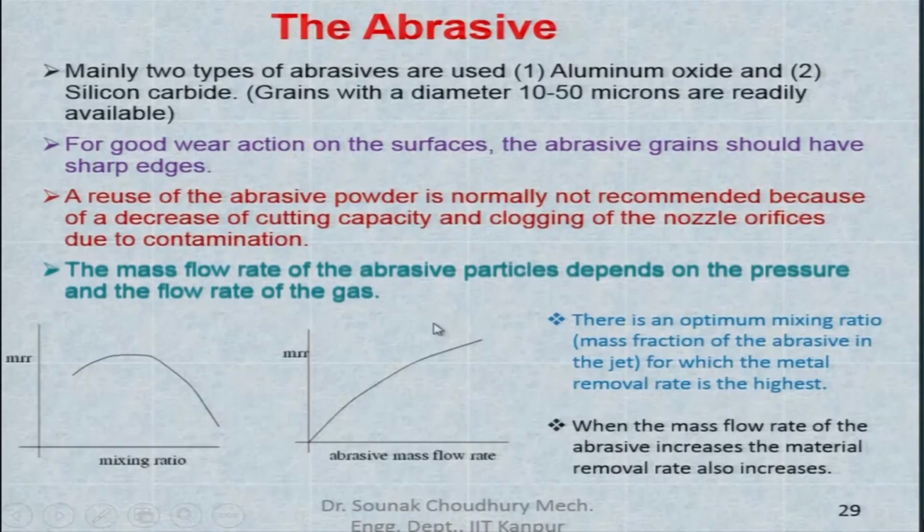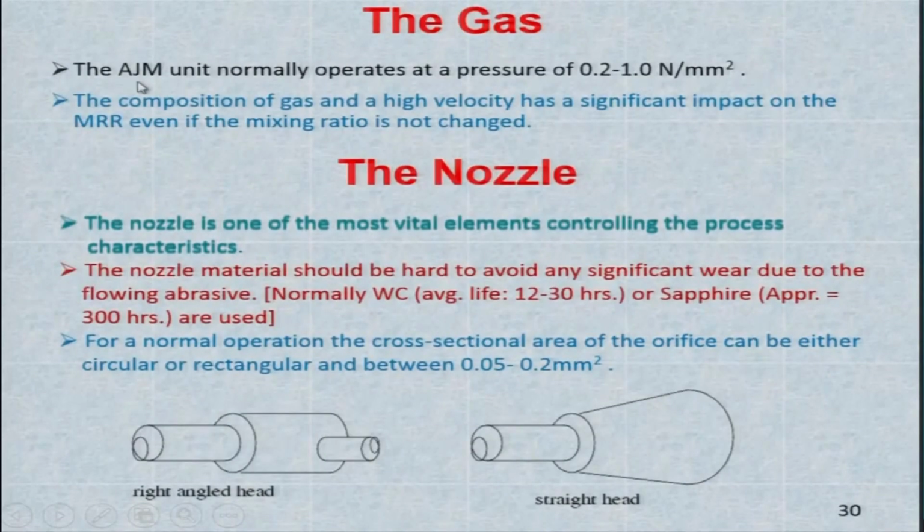Now, the abrasive jet machining unit normally operates at a pressure of 0.2 to 1 Newton per millimeter square. The composition of the gas and a high velocity have a significant impact on the material removal rate, even if the mixing ratio is not changed.